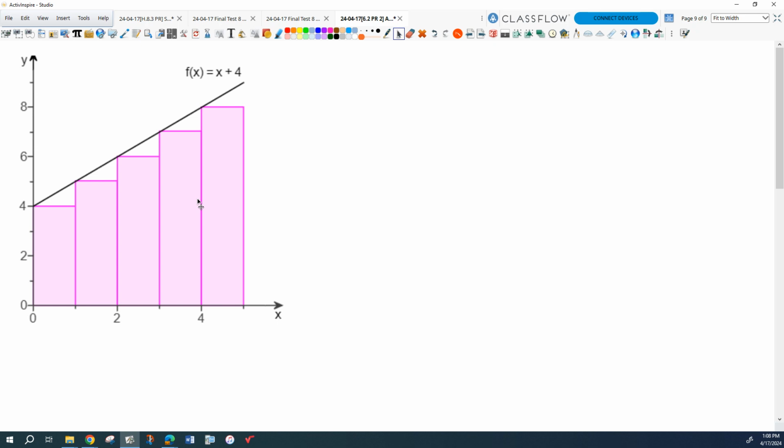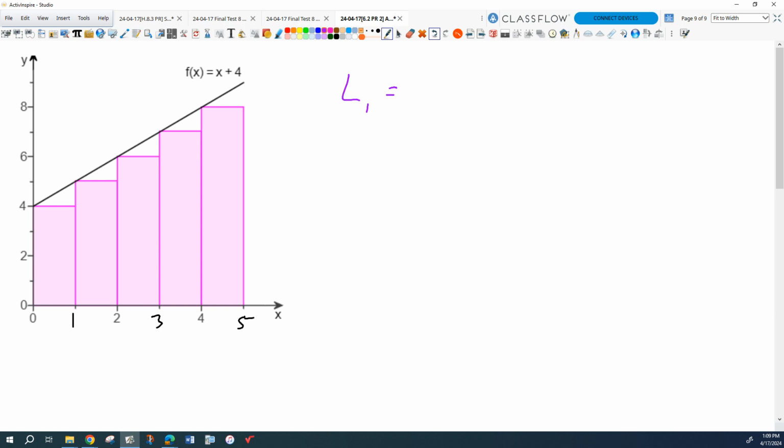So if I'm going from 0 to 5 and n is equal to 5, well then delta x is 1, right? 5 divided by 5 is 1. So the important points would be at 0, 1, 2, 3, 4, and 5. The area of the first rectangle, I'm going to call it L sub 1 because we're using a left sum. L sub 1 would be what?